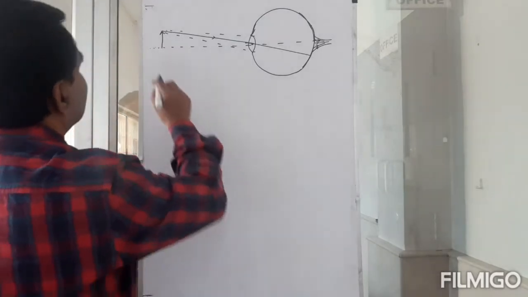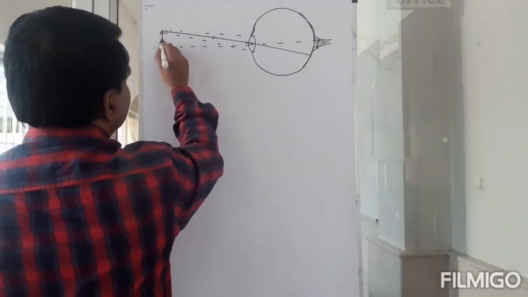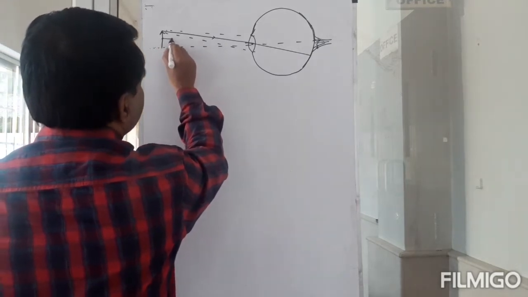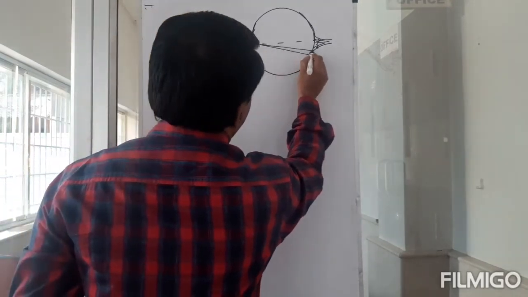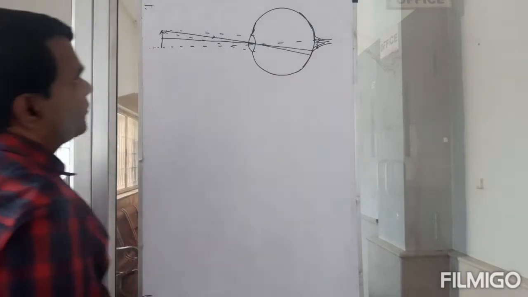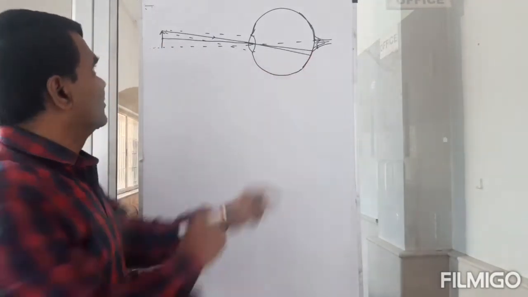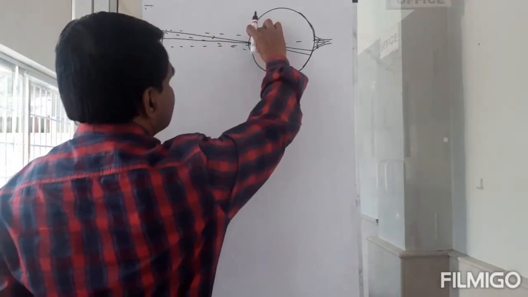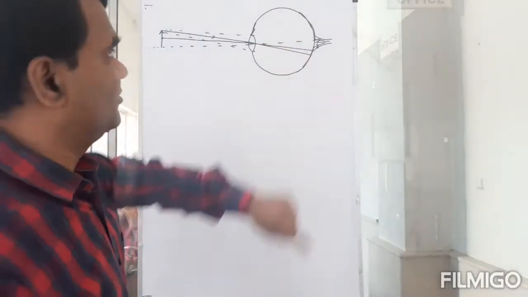So that is the top. Then if we take this point, again it will go here, but it's formed here. So this point will form an image here. Again, all the rays from that point will hit this lens and get converged, because you have to make an image on the retina.